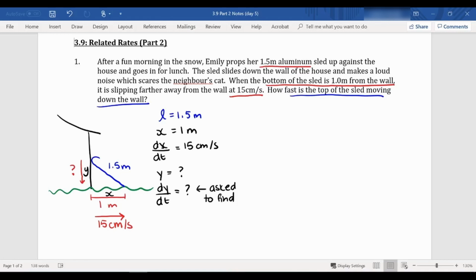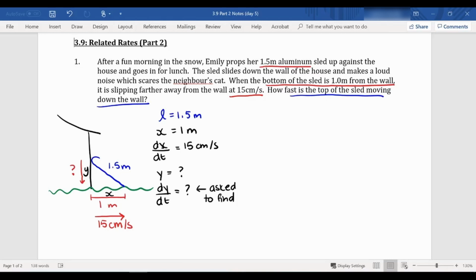I also know if I set up that equation, I would be able to find dx/dt and dy/dt. Now we've got a bit of a problem here, like we had last day. We've got 1.5 meters and 1 meter, but my dx/dt is in centimeters per second. So I can either choose to change the meters to centimeters or the centimeters to meters.